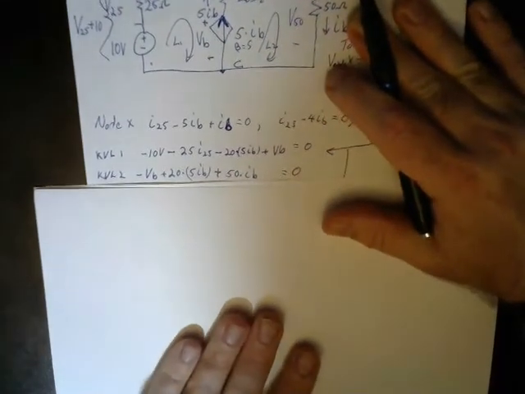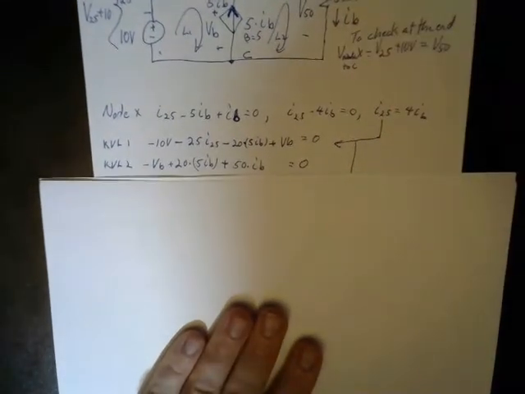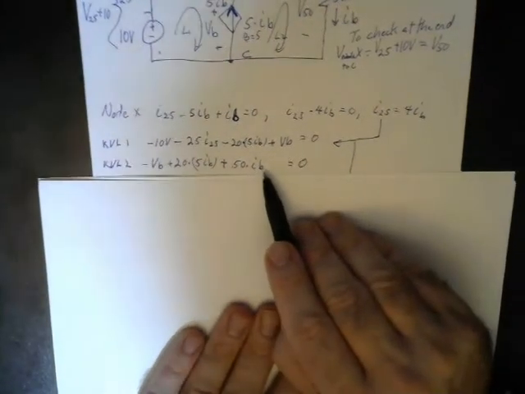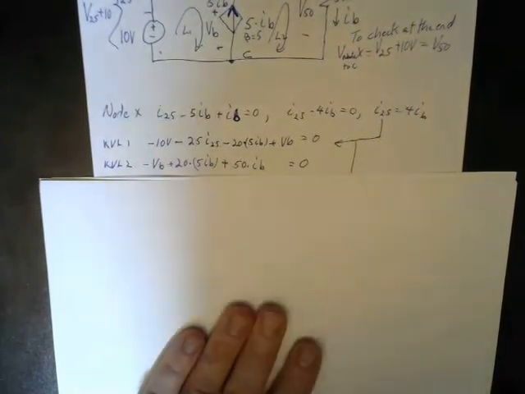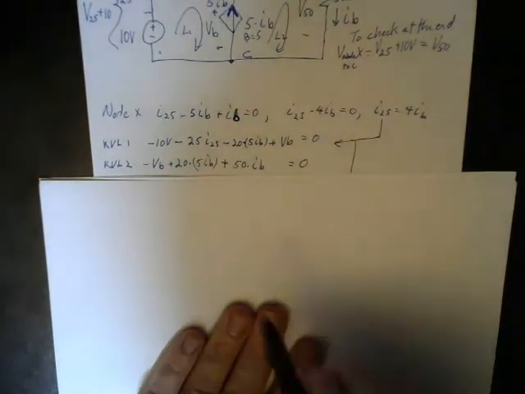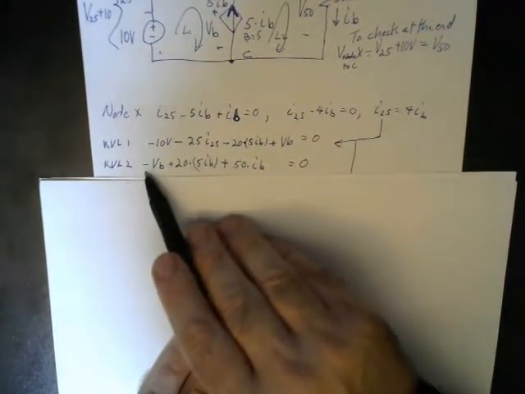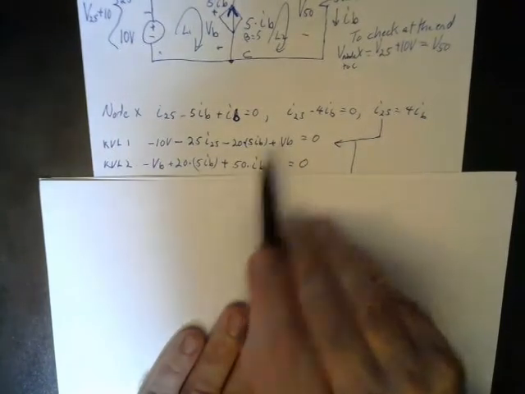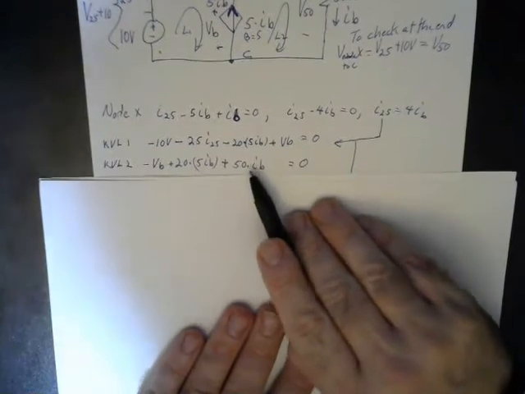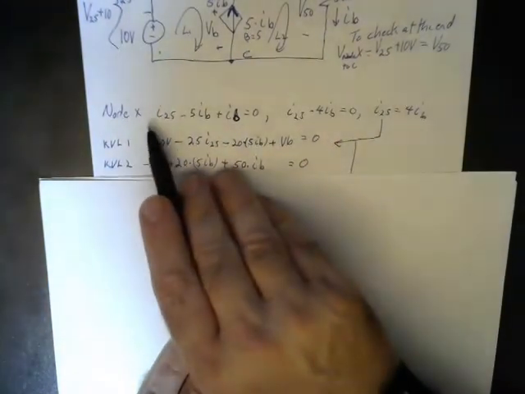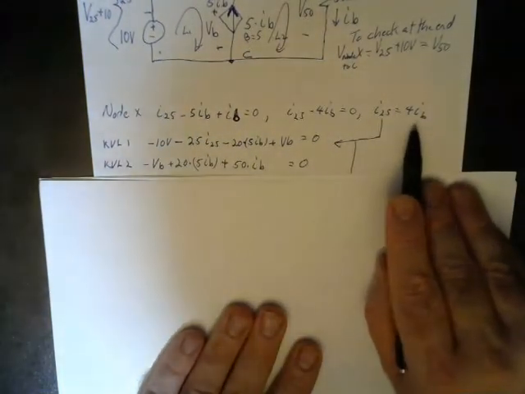And so those are my three equations, and you'll notice I have as variables VB, IB, I25. If I just add these two equations together, the VB will disappear, which is handy. And I'll be left with two variables. And one of these variables is solved by the current equation because I25 equals 4IB.